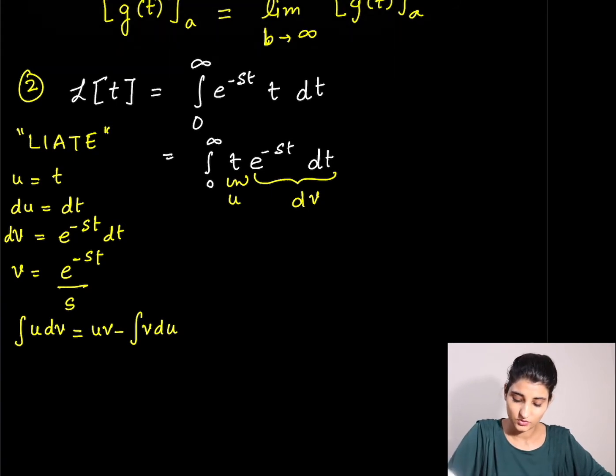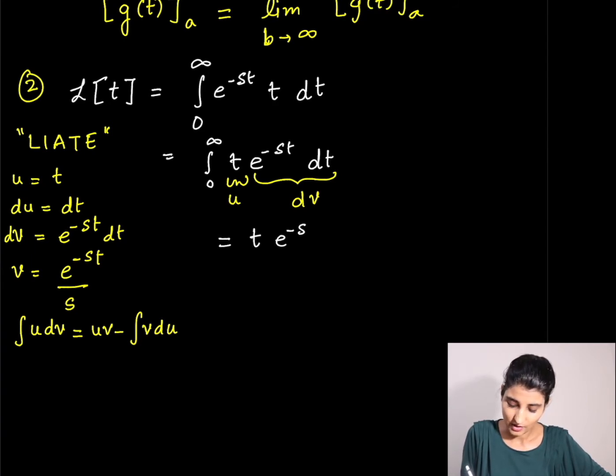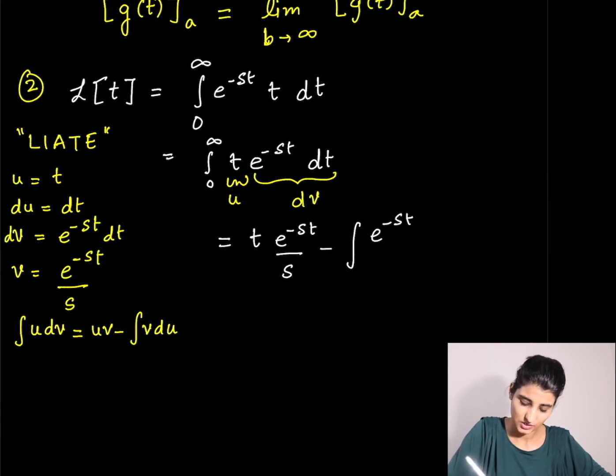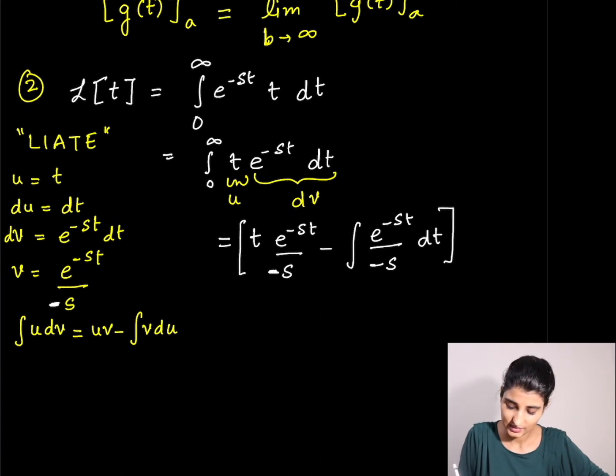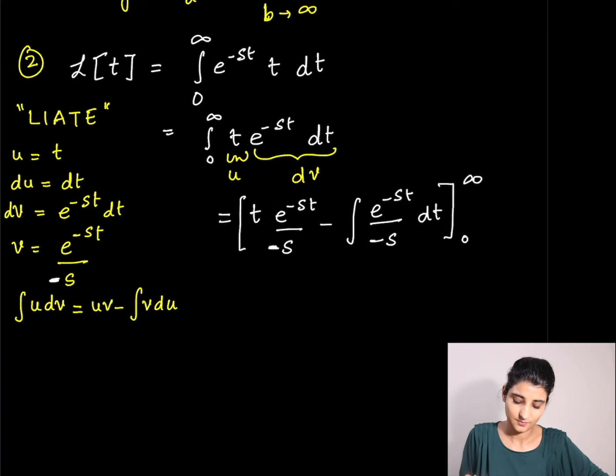So let's see what we will get. u, which is t, times v, e^(-st) over negative s, minus the integral of e^(-st) divided by negative s dt, and the limits are 0 to infinity.